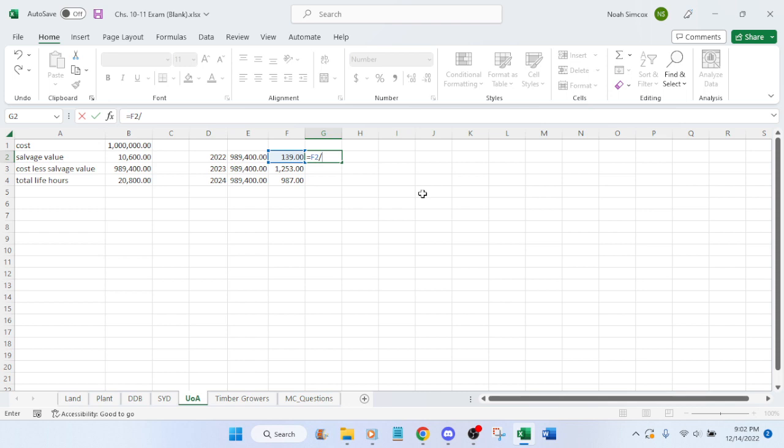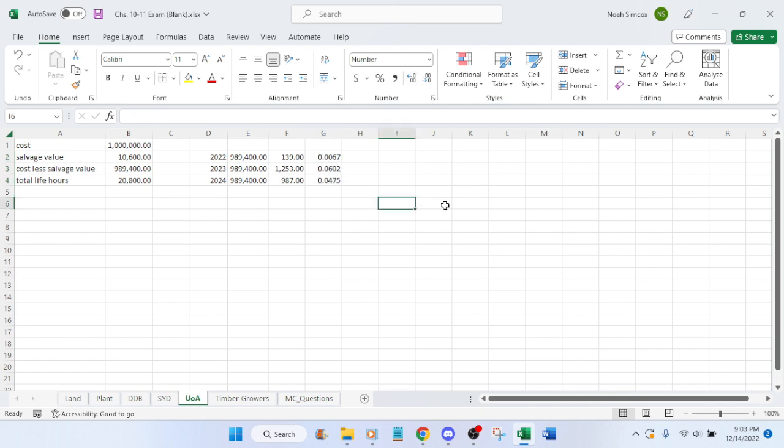Okay, divided by this. F4, function F4, and boom. And now it should work, right? Let me just double check to see that those are correct.